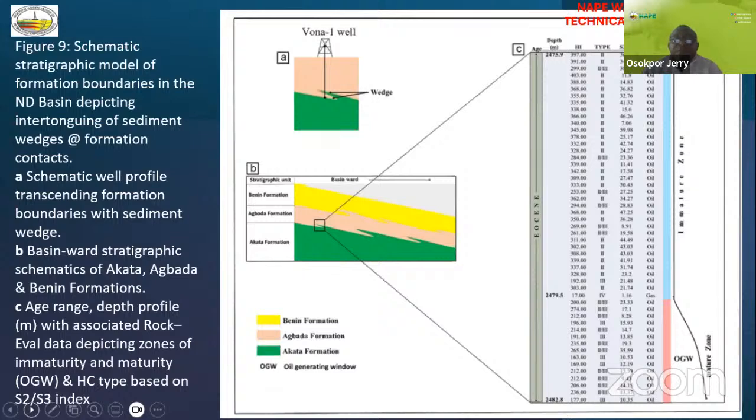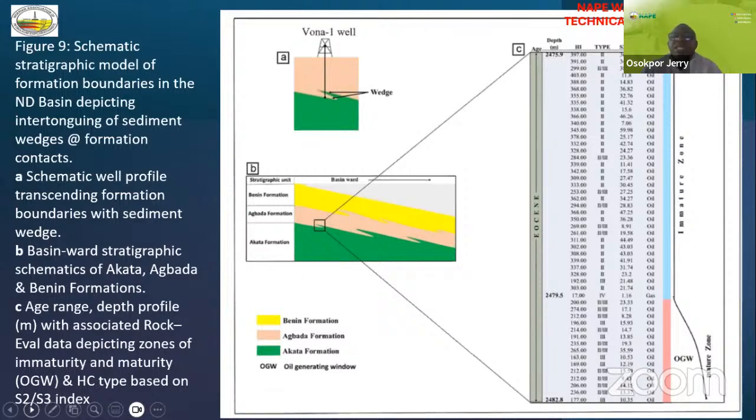Because if you look at the diagram C at the base, the oil generating window, you see the OGW. If you look at the kerogen type here, you see that you have mainly type 3 punctuated by type 2 in some stratigraphic levels, while the top of the well has mainly type 2 punctuated in very few places by type 3 kerogen, which has higher potential.